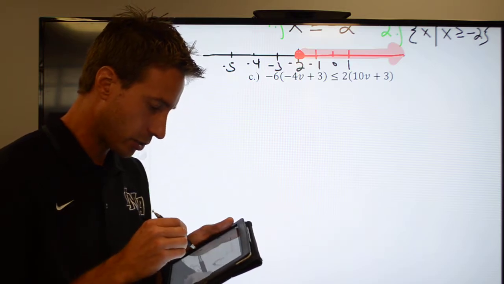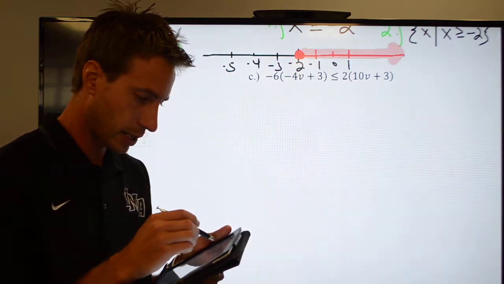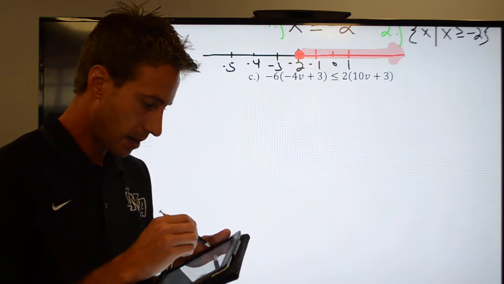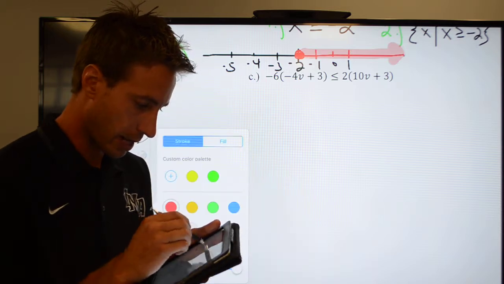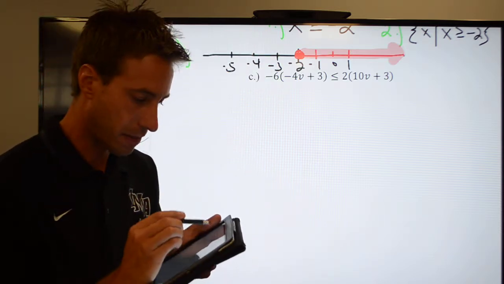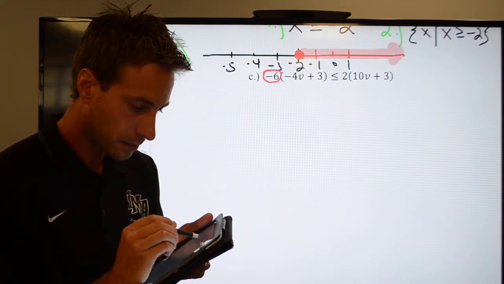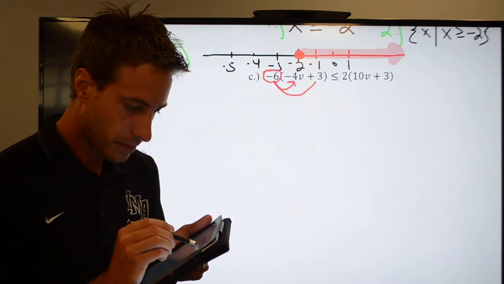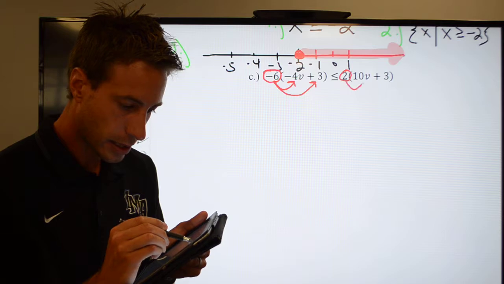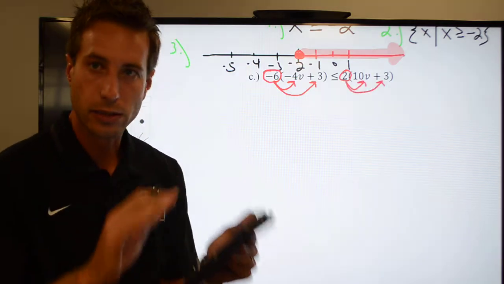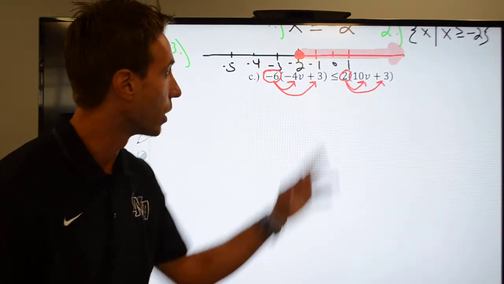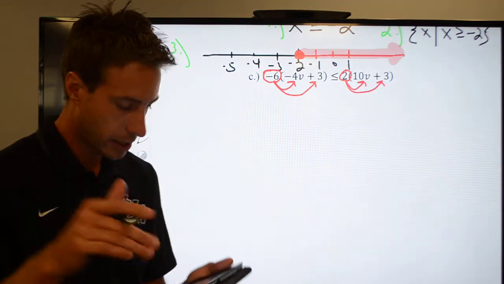So let me go ahead and circle those guys, put some arrows in there. I'm going to put my arrows below it. Here we go. That way I'm not running into the problem above. So the minus 6 is going to get distributed. The 2 is going to get distributed. Distributive property has no effect whatsoever on the inequality. So we're good there.